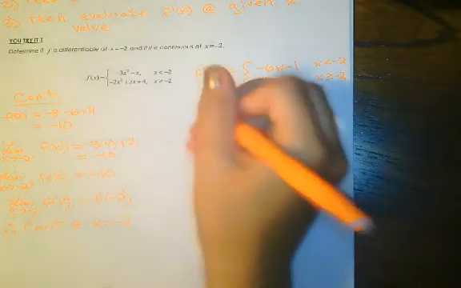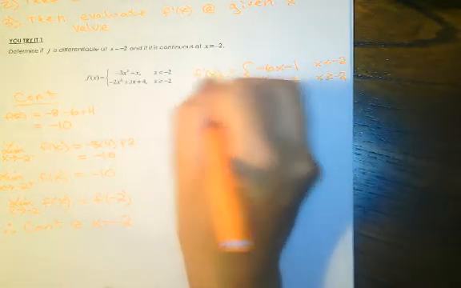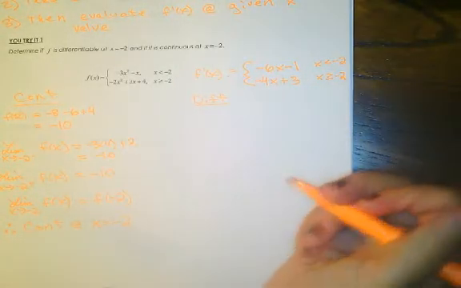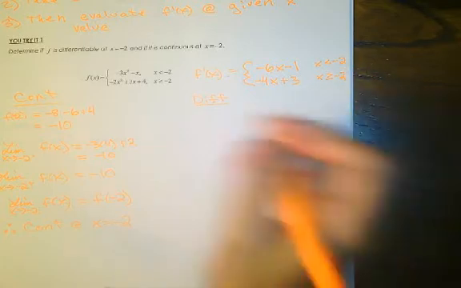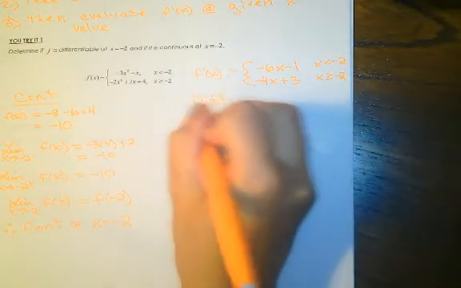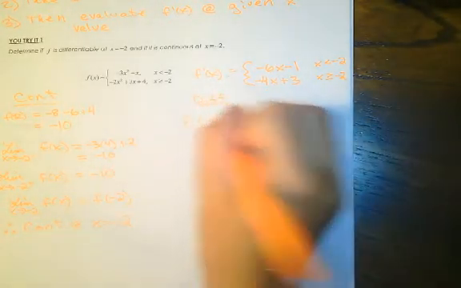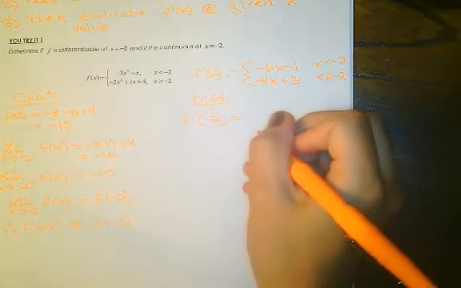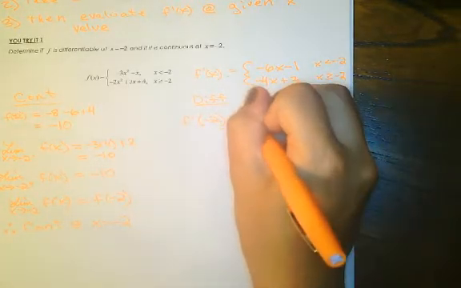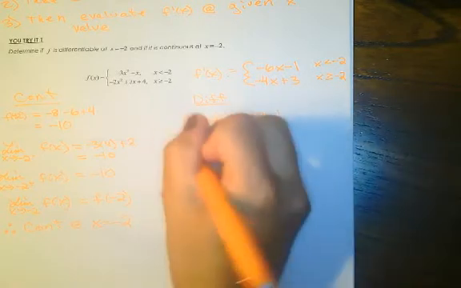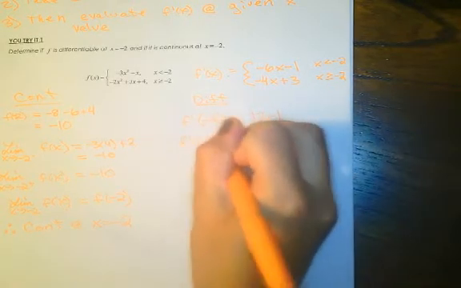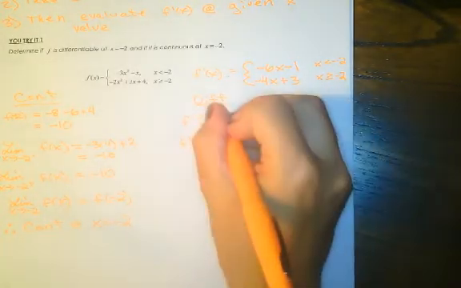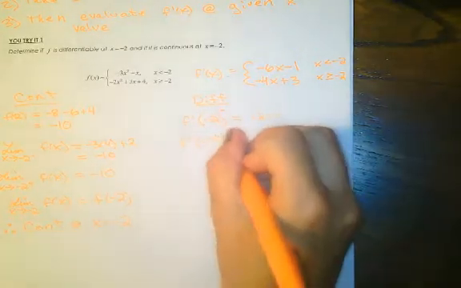And now, to check for differentiability, I took the derivative, and now I need to evaluate the derivative there. So you'd say f prime of -2. If I come in on this side, I get 12 minus 1, that's 11.